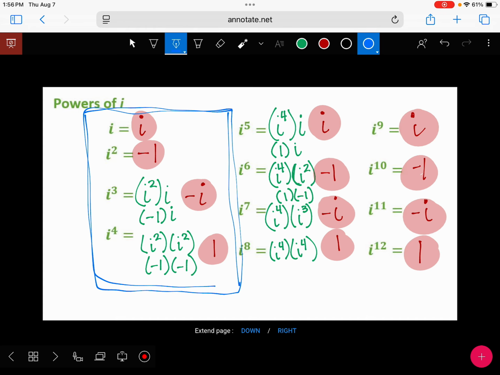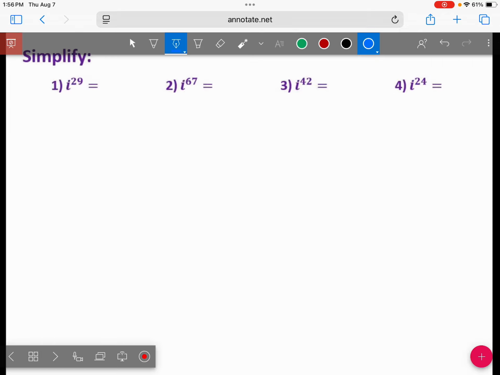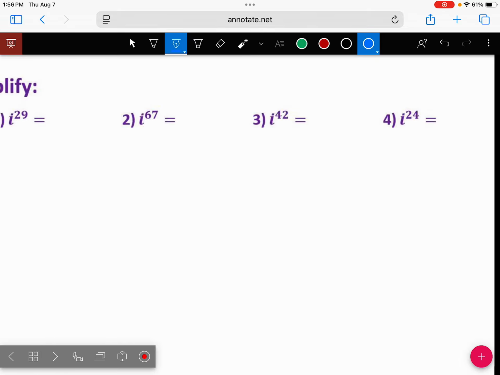After we hit that 4th factor, we're going to start back at the top. So, with that in mind, now let's do some higher powers, because these are the kinds of powers that you'll have to do on the test. So take a moment and copy these 4 down, and then we'll talk about it.